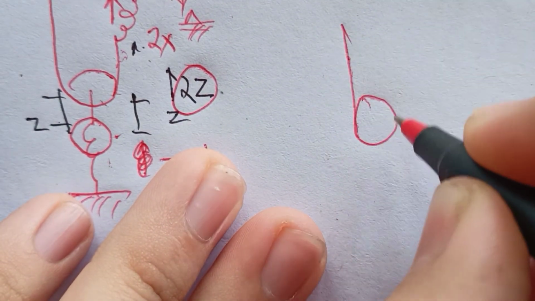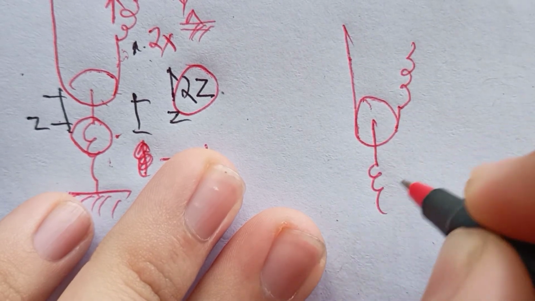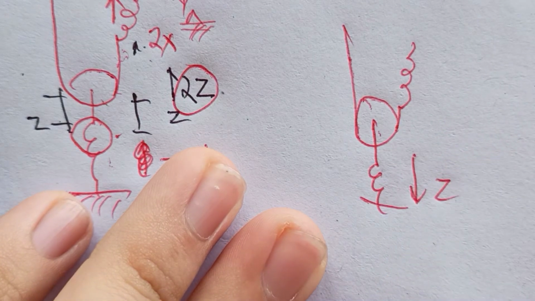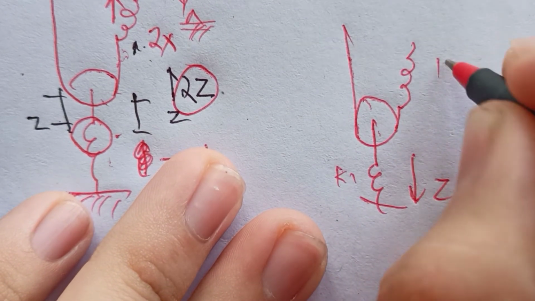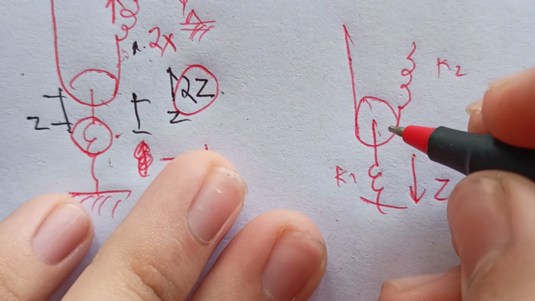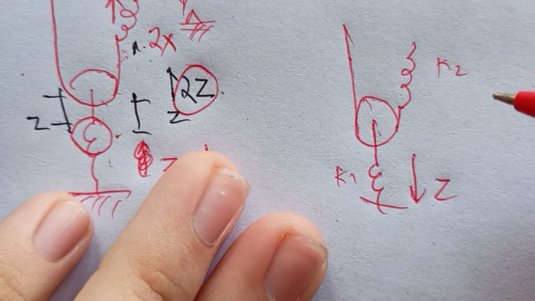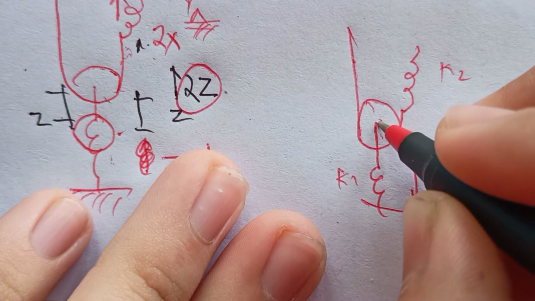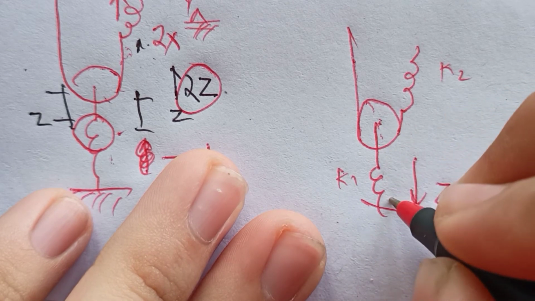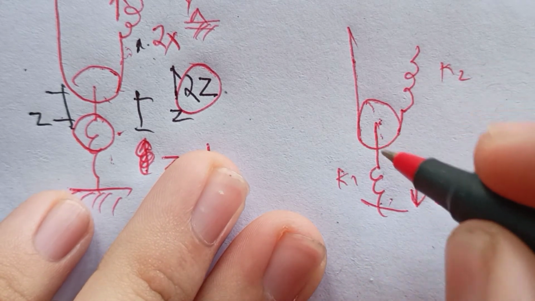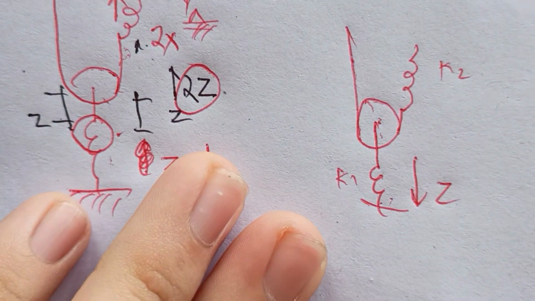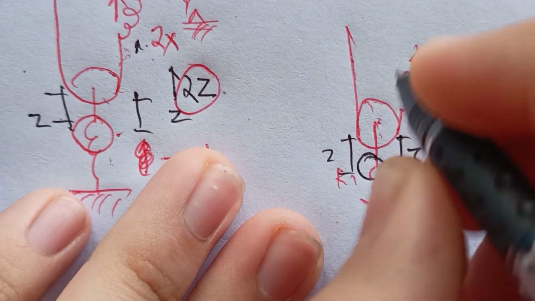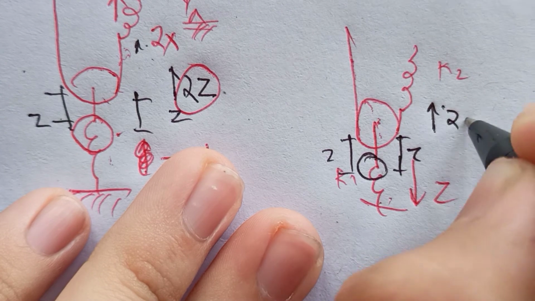Suppose I elongate this down by z, this pulley, this spring K1 and this K2, that really means the same, because K1 and the pulley are connected. The center of the pulley is connected directly to the string, and the other part of the string is connected to the ground. So if I pull this by z, this whole part will come down by z and this spring will elongate by z.